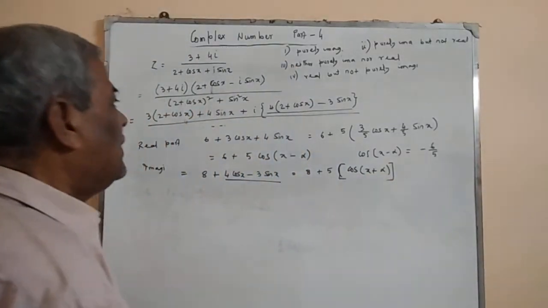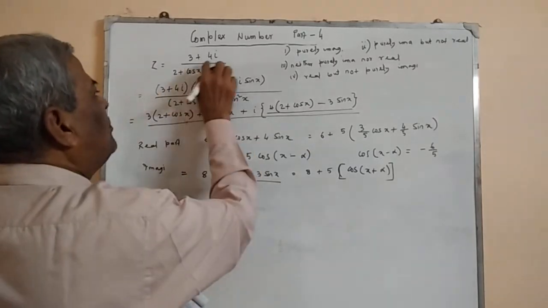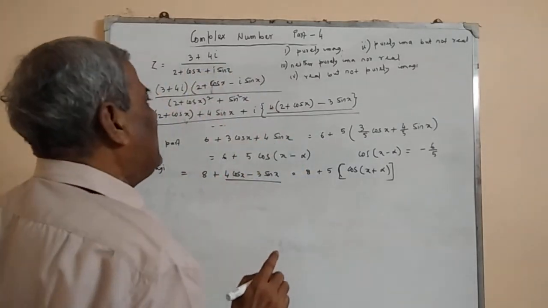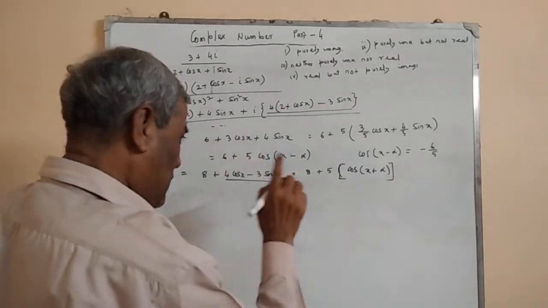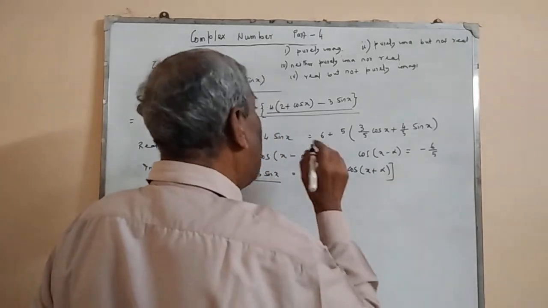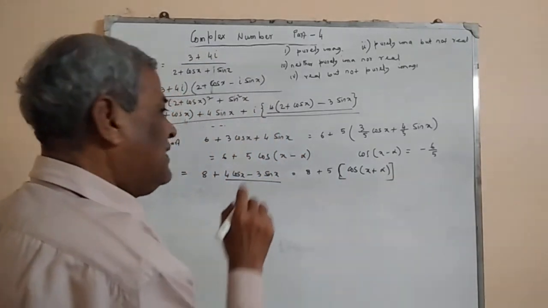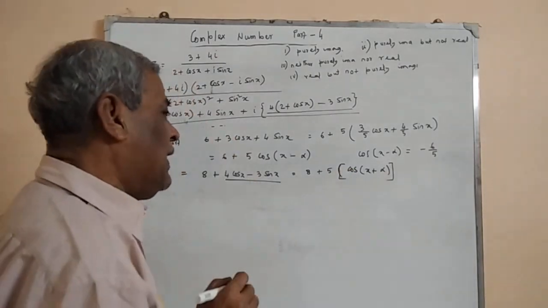This is the numerator of the imaginary part of that. The denominator is purely a real number. Now, if this is 0, then I can say that its imaginary part is 0, means it is a purely real number.